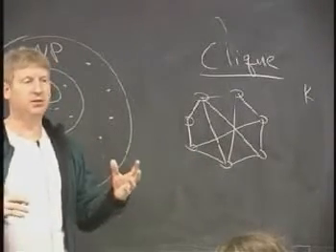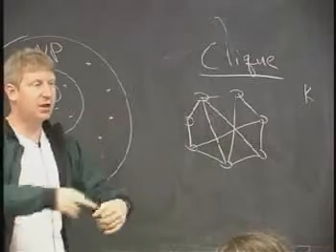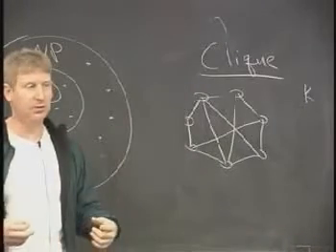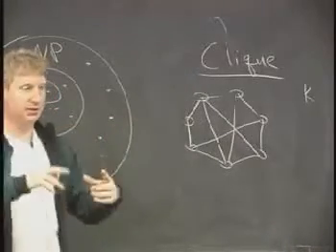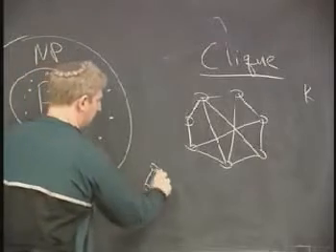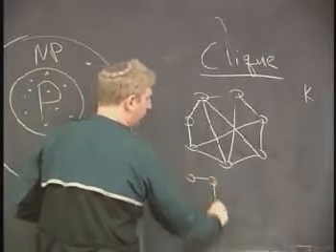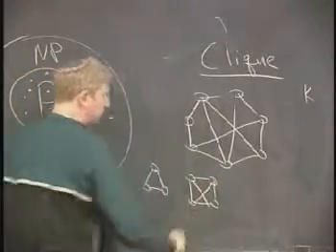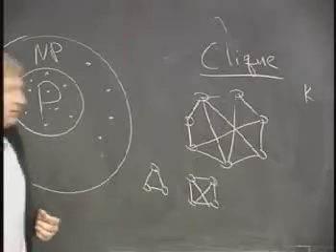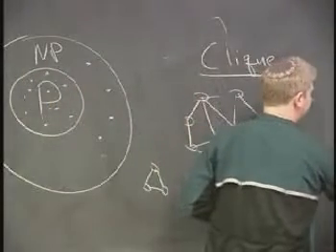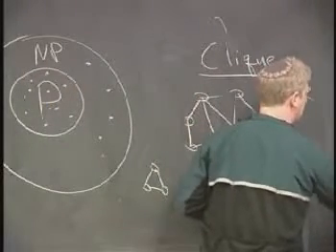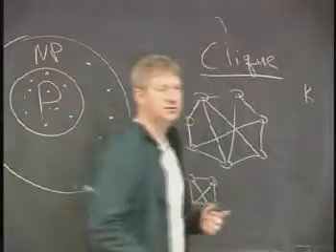A clique is sometimes called a complete graph. It's like a group of people who hang out together. So a triangle is a clique of 3. A clique of 4 looks like this. And a clique of 5 looks like this.